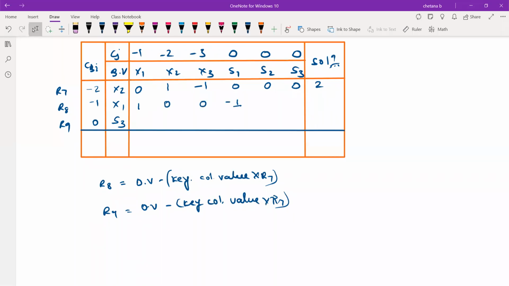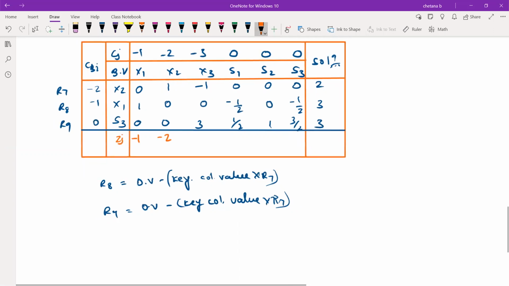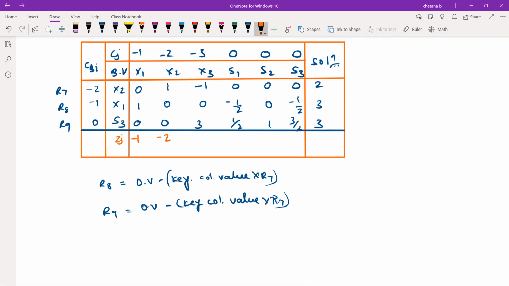-1/2, 0, -1/2, 3, 0, 0, 3, 1/2, 1, 3/2, 3. Now you can calculate the Zj: 0, -1, -2, 0, 0, +2, 1/2, 0, 5/2, 7.